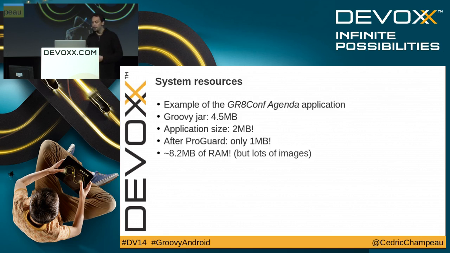What about memory? Hopefully there are tools to analyze memory on Android, and I performed a dump of the memory used by my application, and it was using 8 megabytes of RAM. But what I noticed is that most of that memory was just to store the pictures of the speakers.